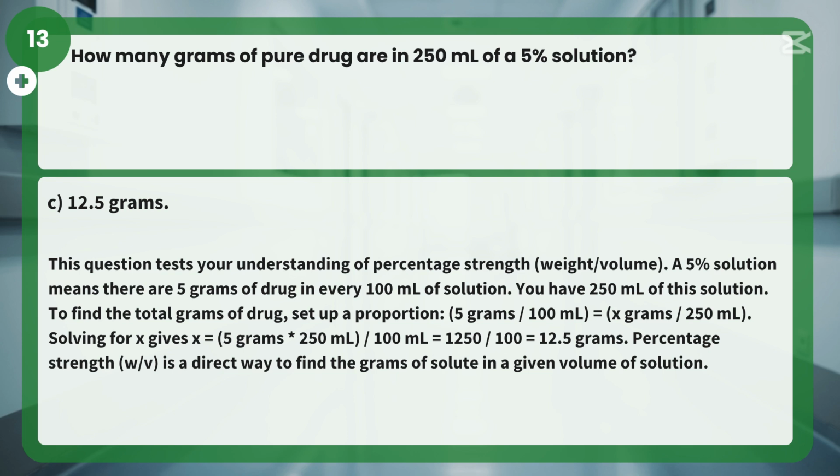Solving for x gives x equals 5 grams * 250 milliliters / 100 milliliters equals 1250 / 100 is equal to 12.5 grams. Percentage strength, w/v, is a direct way to find the grams of solute in a given volume of solution.